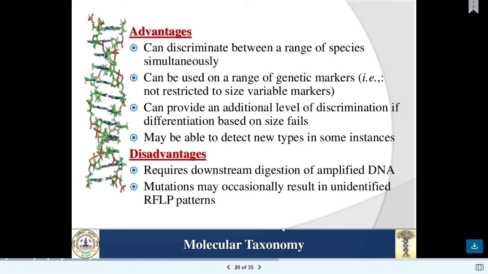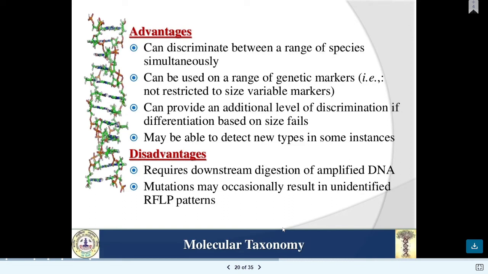So size does not matter at all. It depends again on the PCR technique and the Taq polymerase enzyme, and which kind of Taq polymerase we use. Generally, the enzyme isolated from Thermus aquaticus by Kary Mullis is used for smaller segments.